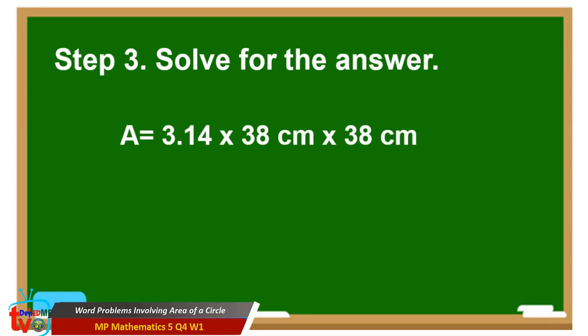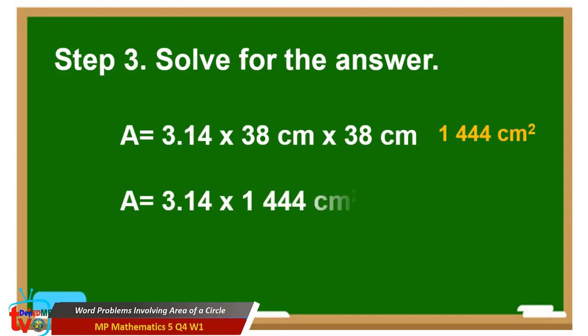So multiply first 38 centimeters times 38 centimeters. The answer is 1,444 square centimeters. So area equals 3 and 14 hundredths times 1,444 square centimeters.